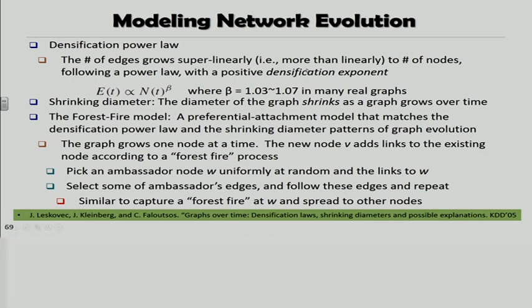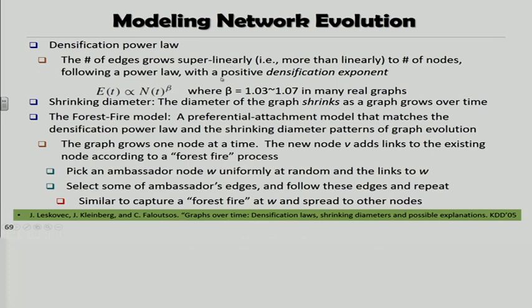This densification power law basically says, if the graph starts growing, the number of nodes added is smaller than the number of edges added. Simply, you just think about the internet, they grow. Actually, they grow more on the edges rather than the nodes. Okay. That means they have a superlinear property.